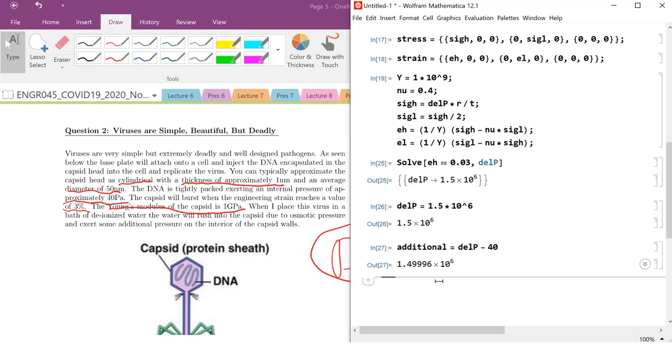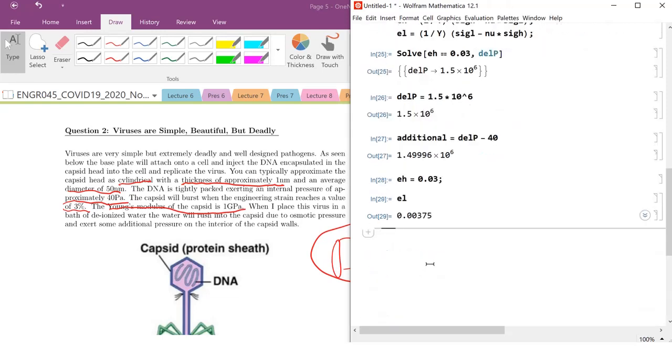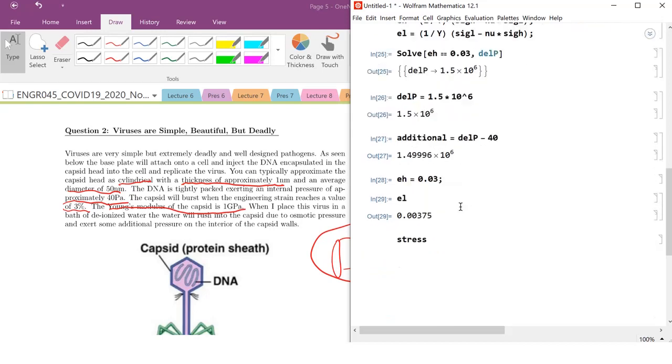So we've solved this. We now know EH is going to be equal to 0.03 because we want the stress and strain tensor right at fracture. So EH is this, EL, it's already given here. So now I can write my stress. Actually, let me reevaluate here.